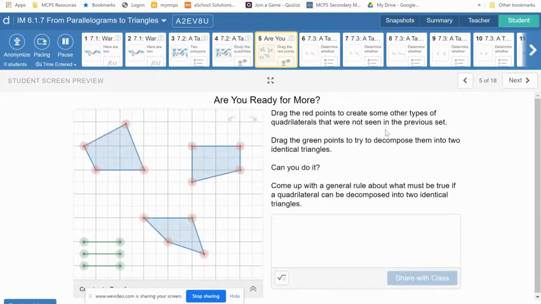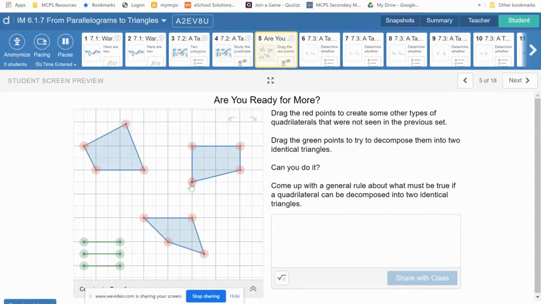Next, drag the red points to create some other types of quadrilaterals that were not seen in the previous set. Drag the green points to try to decompose them into two identical triangles. Can you do it? Come up with a general rule about what must be true if a quadrilateral can be decomposed into two identical triangles.